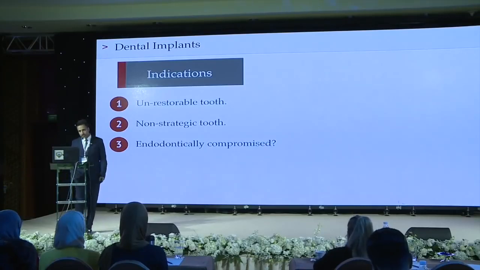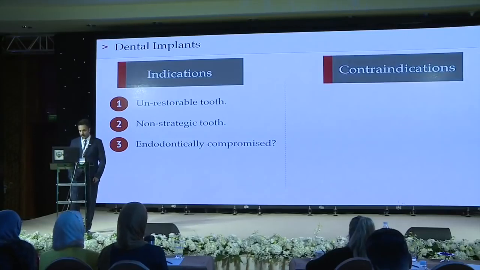We see a lot of dentists, when they have a problem with the endo, they just extract it because they think that they can provide a better outcome with the implants.